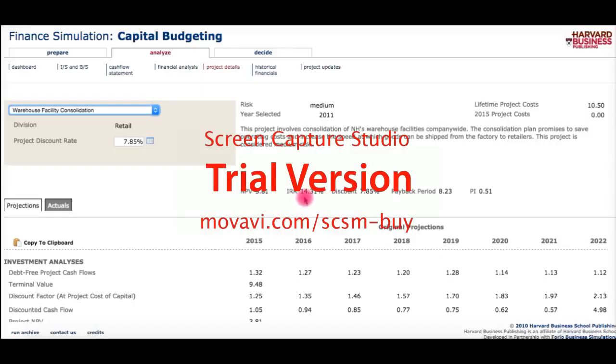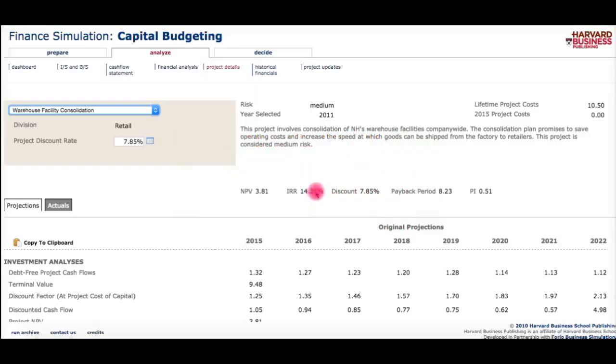So when I was looking at projects, you want to definitely look at what type of project you're looking at, because with a replacement project, you're not expecting to see high numbers. But you would still want to look at the payback period and the internal rate of return, and at how much it costs over time.